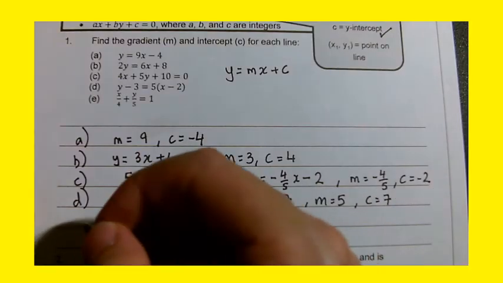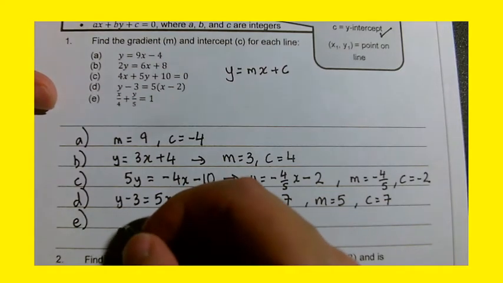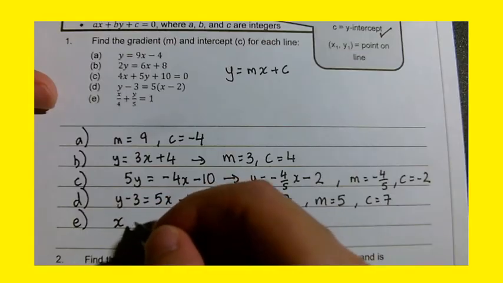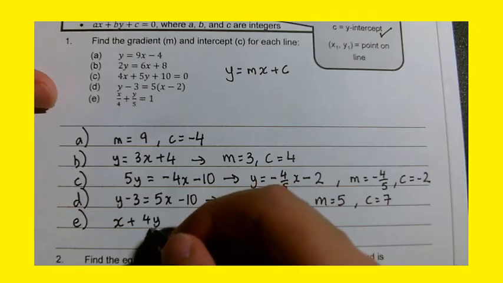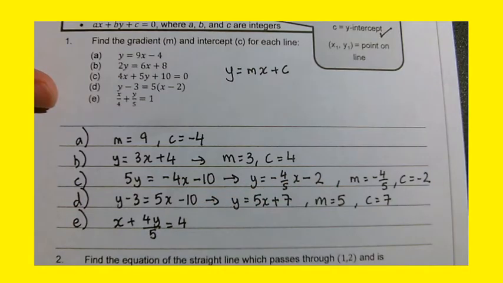Okay. The final one in question 1, you've got a fairly different looking equation, x over 4 plus y over 5 equals 1. We don't really like these denominators 4 and 5, so we can just multiply through by them. So I'm going to multiply through by 4, and when I multiply through by 4 it affects everything else. And then I'm going to multiply through by 5.